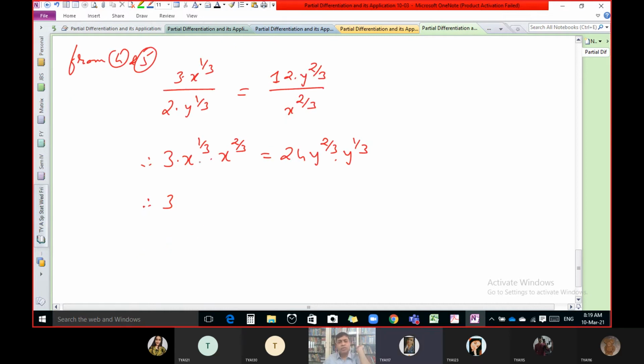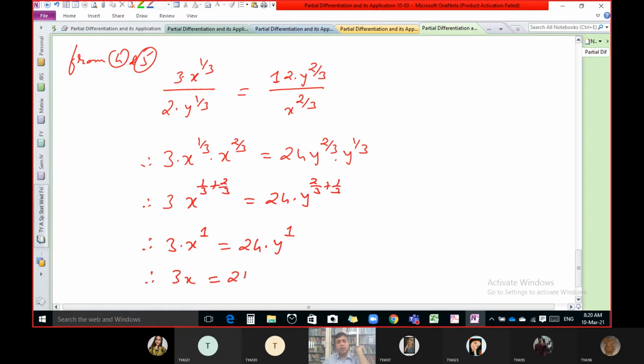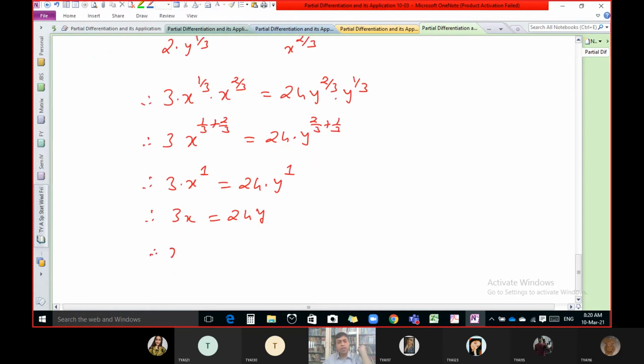We know that when the base is same and multiplication is there, we have to add the power. 3 as it is, and if we take the LCM, 1 plus 2 is 3 upon 3, that means 1. And here also we get y raised to 1, that means it is nothing but 3x equal to 24y. Now divide by 3. So we get x equal to 8y, equation 6.